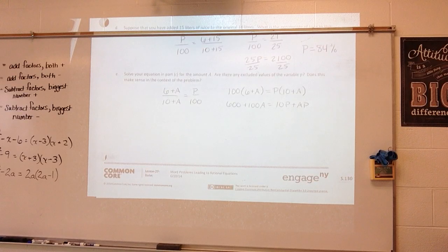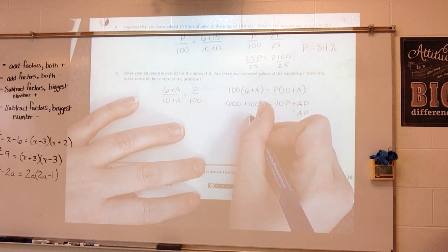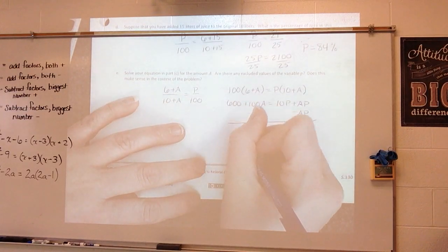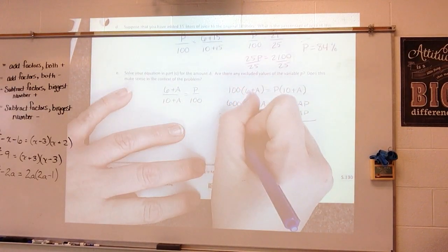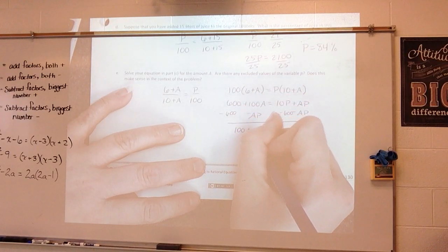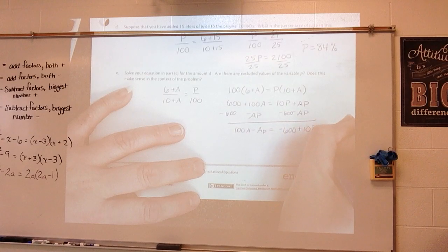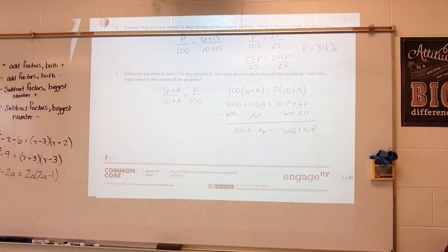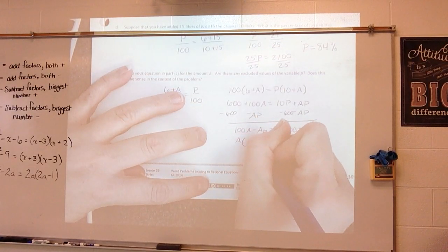We are trying to solve for A, so let's go ahead and bring this over here. And then let's take this over to the other side. Alright, so I'm going to do a couple of things here. So I'm going to have 100A minus AP is equal to negative 600 plus 10P. I can take an A out of this.